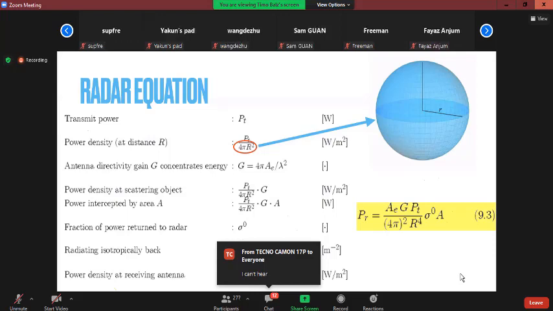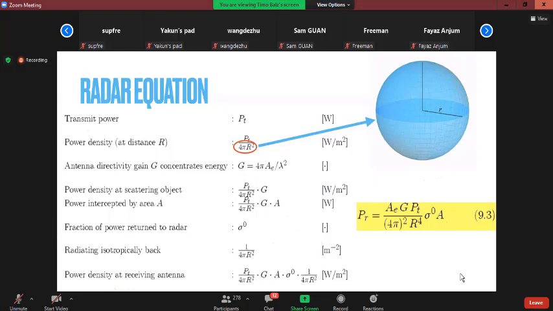Then the area A, the area of the object we are looking at, and the percentage of the energy that is reflected from that. And then it's divided by 4 pi squared and R to the power of 4. We're losing a lot of energy, right?